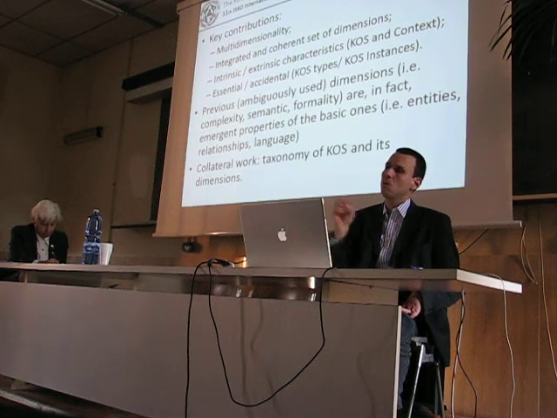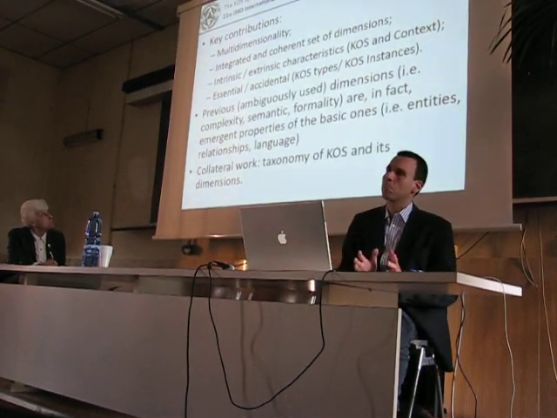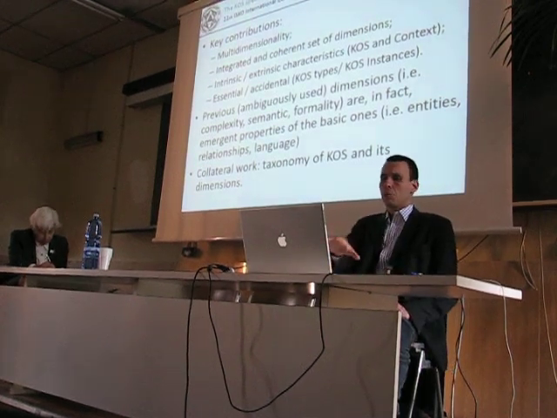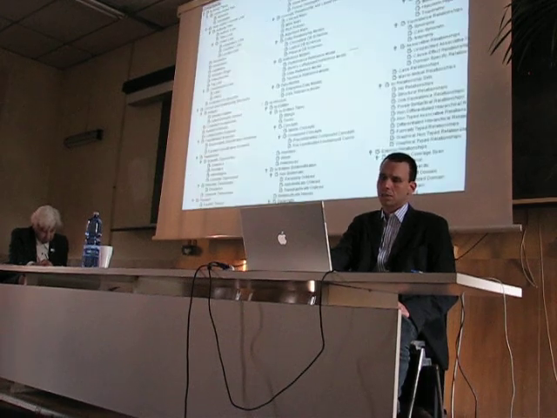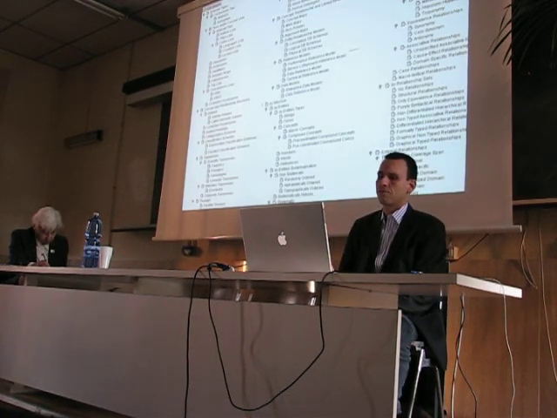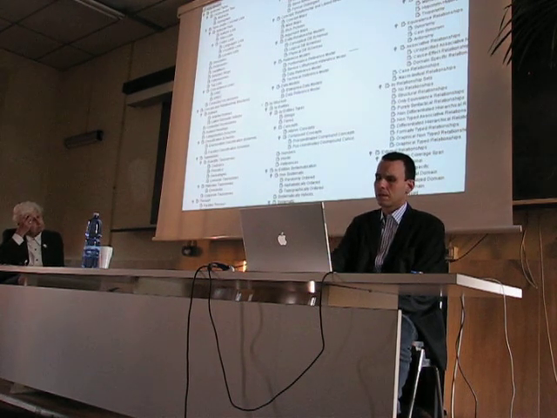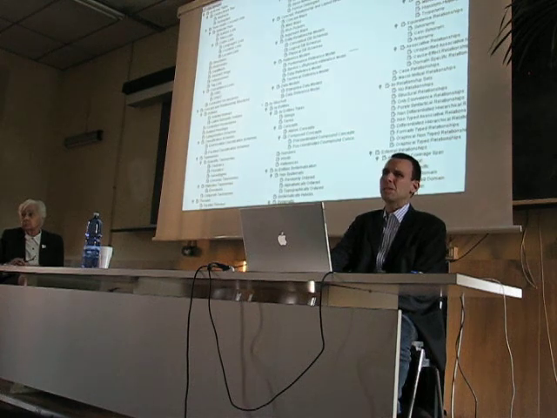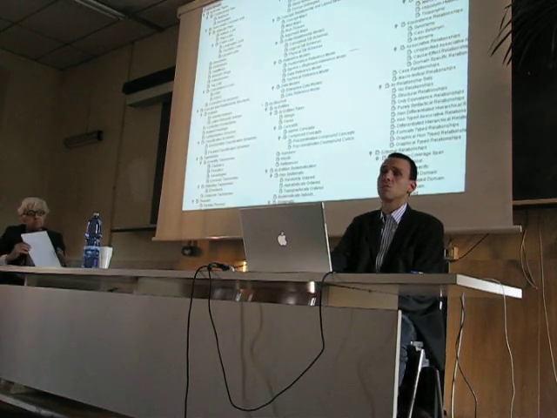So we have to take those into account when deciding whether something is more complex or not. And our collateral work to date is a taxonomy of cause and its dimensions. It's just a part of it. We have 300 or 400 terms, and we are willing to publish it on the web, on the Glamorgan University site.